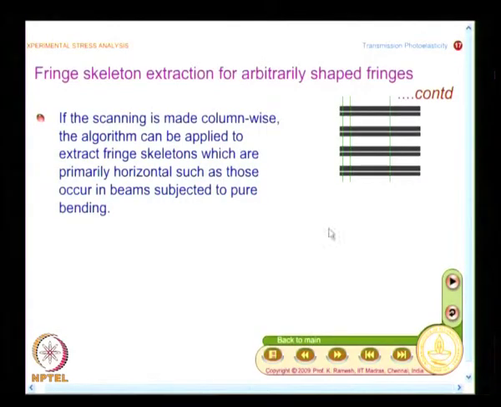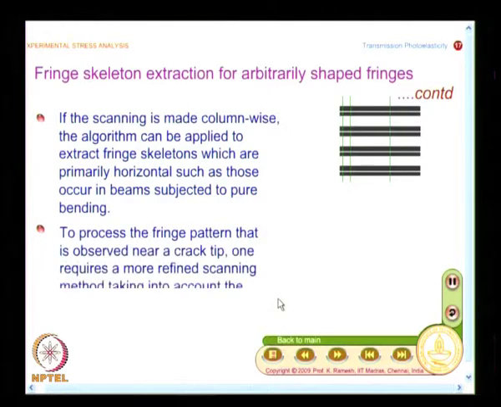And in one of the earlier classes, we have already seen in stress concentration, we have compared the fringe pattern in the case of a plate with a hole, a plate with an elliptical hole, and a plate with a crack. If you look at the fringe pattern in the crack, it has a minimum fringe width as well as maximum fringe width in one fringe order, and the typical shape is like this.